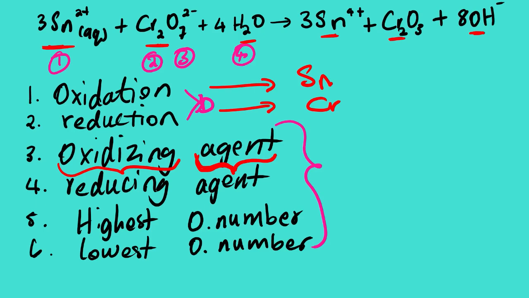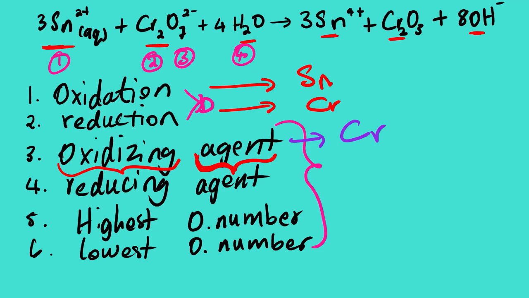In this case, since chromium undergoes reduction due to the enforcement of tin, it means tin forces chromium to undergo reduction. And then at the same time, chromium forces tin to undergo oxidation. So the oxidizing agent in this case will be chromium, because tin undergoes oxidation due to the enforcement of chromium.